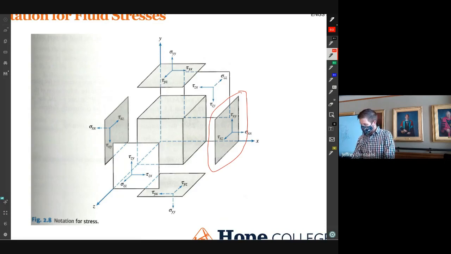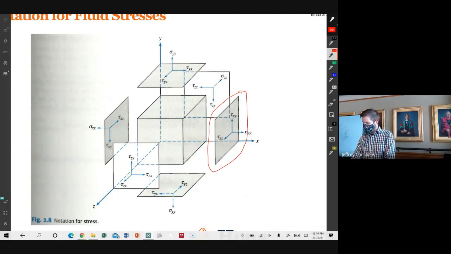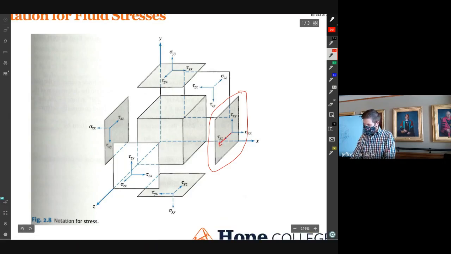So a sigma xx is happening. This is the x plane because the outward normal is pointing in the x direction. So we would have sigma xx, tau xz, because this is pointing now in the z direction, and tau xy, because this is pointing in the y direction.